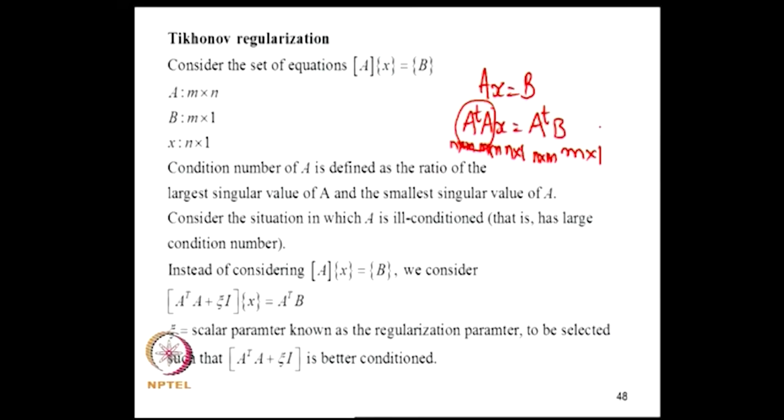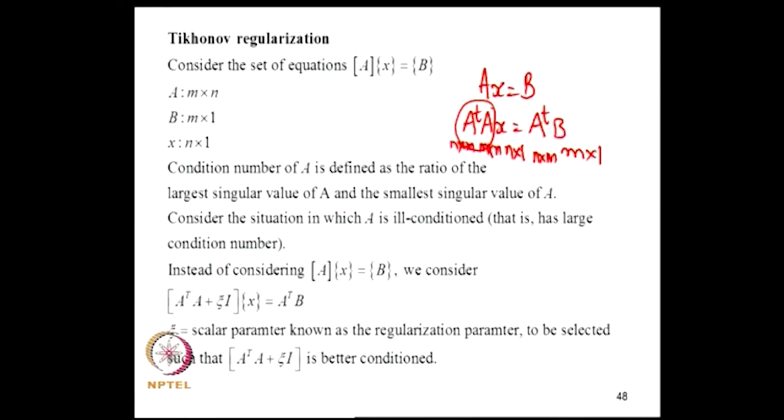That is our definition of the pseudo inverse. Now, I do not want to do that. What I will do is, I will introduce an additional term xi times I. This xi is a scalar parameter. Now, instead of inverting A transpose A, I will invert this matrix. This is known as the regularization parameter, to be selected such that we improve upon the condition number of the A transpose A matrix.